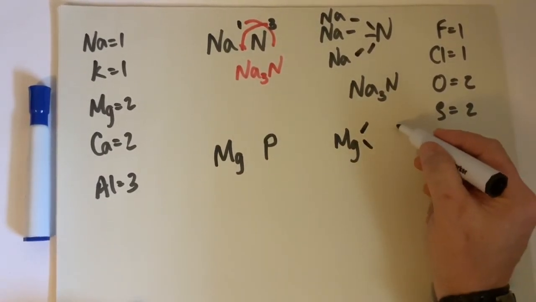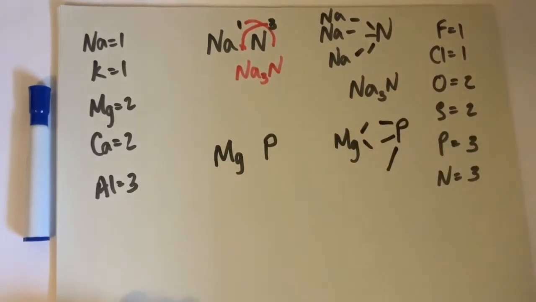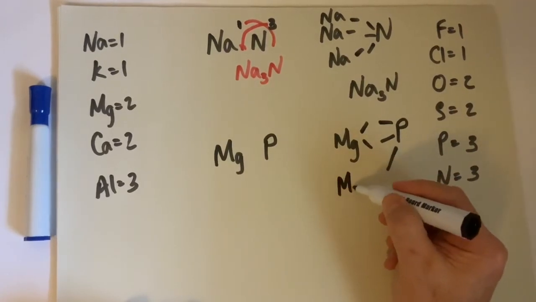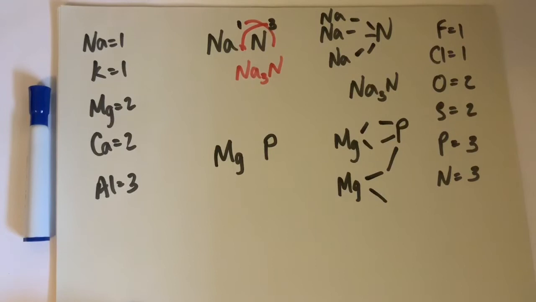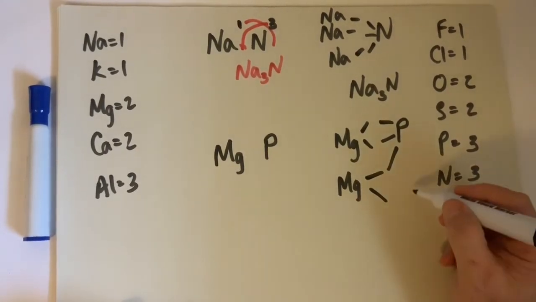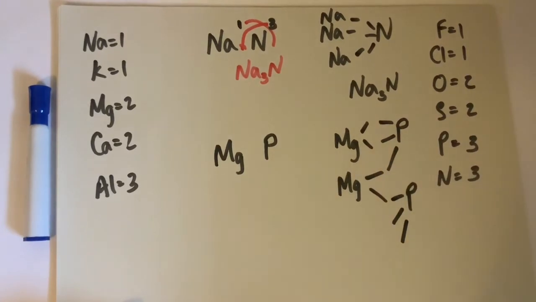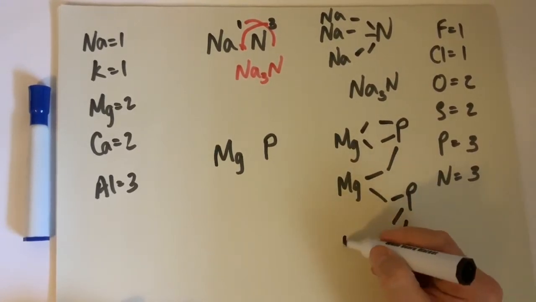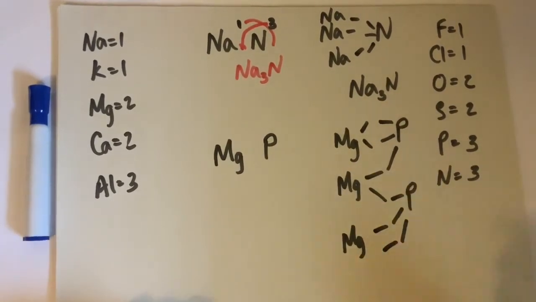We have phosphorus, which has 3. Phosphorus still has 1 left over, so we need another magnesium. Magnesium still has 1 left over, so we need another phosphorus. So that leaves us 2 spare on the phosphorus. We can count it from there.